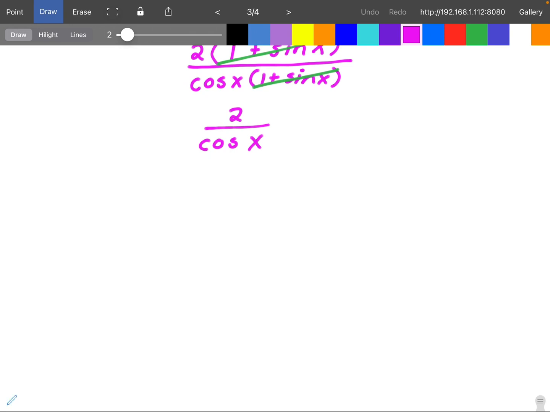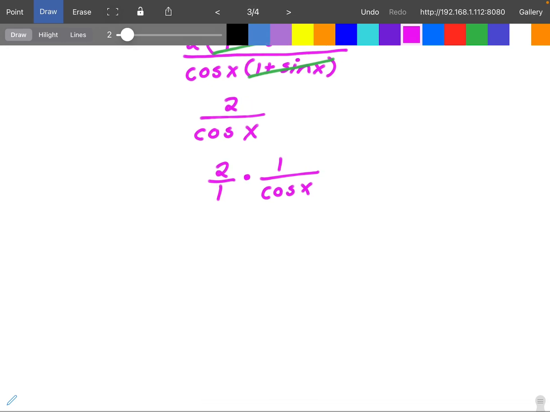So if it helps you, think of this as 2 times 1 over cosine x, because technically that's 2 over 1. That's the exact same thing as 2 over cosine x. And then we can see that this is actually just secant. So then I have 2 times secant x.